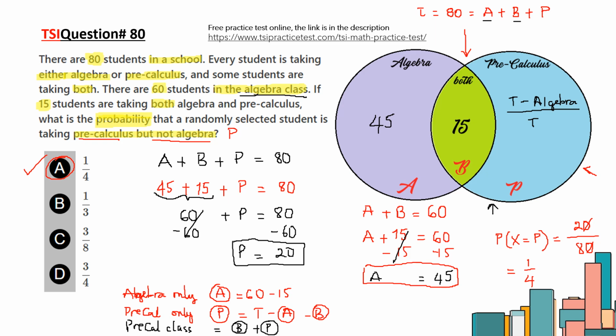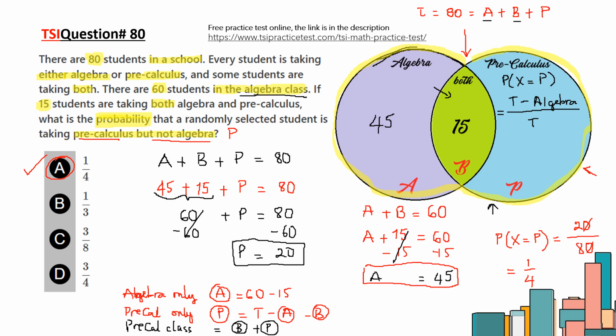That is the probability you need to find. The total is 80, and you subtract 60 for the algebra class because the 60 already includes the intersection. The total is the boundary of the two circles, as you see. Let me highlight it. That is the total students in the school.